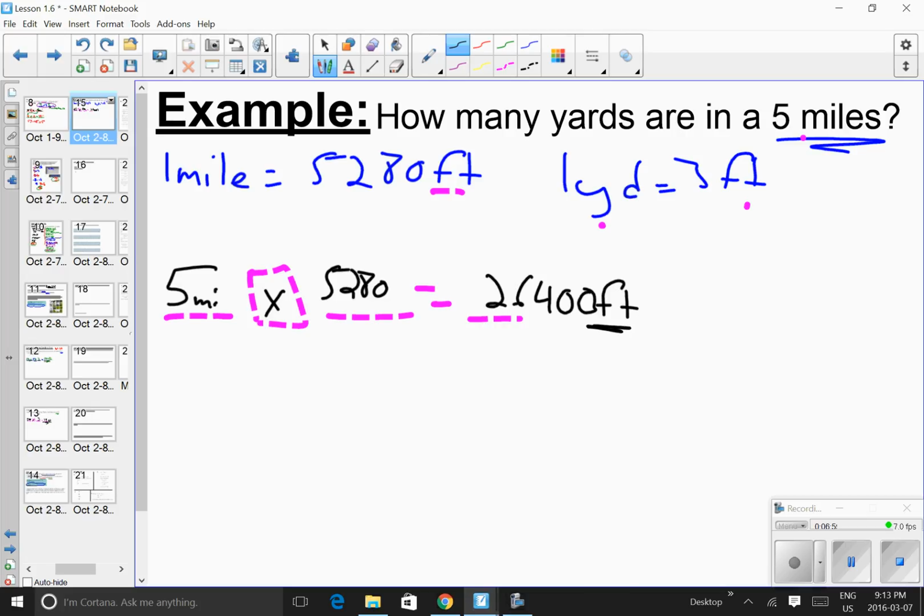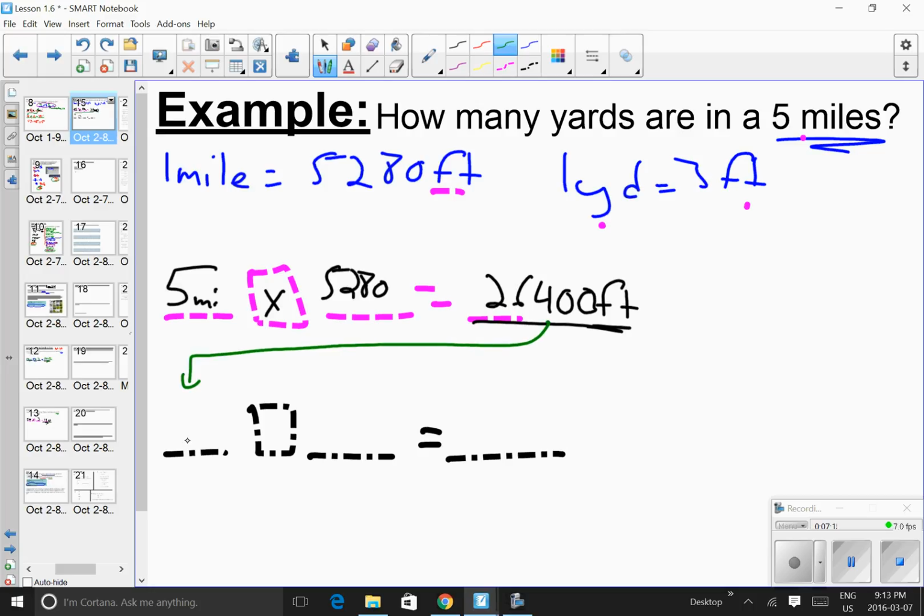Don't forget your units. So now I'm going to set up another skeleton equation. So I got to change feet into yards. I wanted my answer in yards. Alright, so now this is my number I'm starting with, 26,400. And there is 3 feet in a yard.